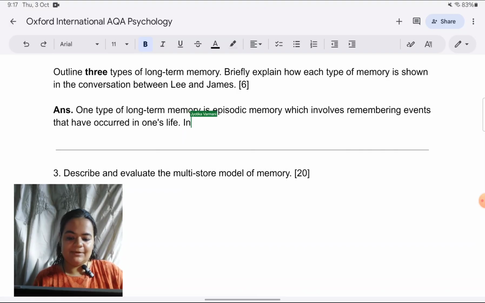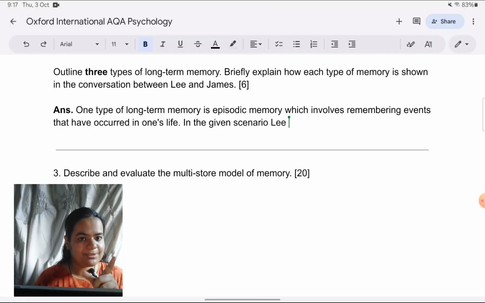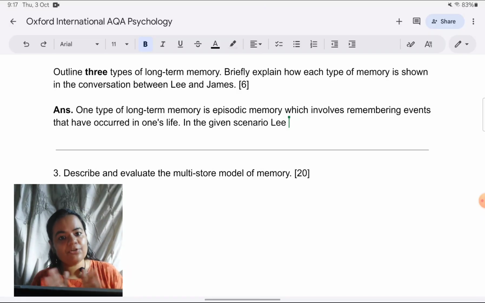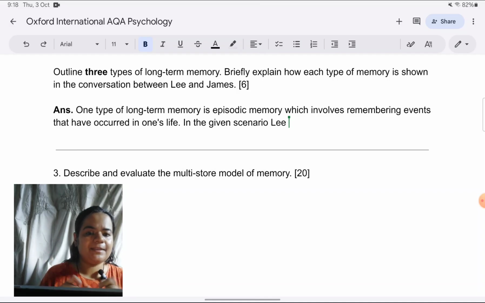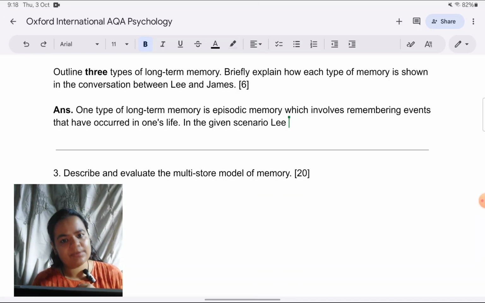In the given scenario, Lee, use wording from the scenario. Whenever you're answering AO2, use names from the scenario, use language which has been used in the scenario. That shows that you're contextualizing the point which you have made in AO1 to the scenario. So keep using words from there. Don't write vaguely. Don't write in abstract terms. There is a driving lesson which is mentioned. Why not write Lee is talking about his driving lesson?